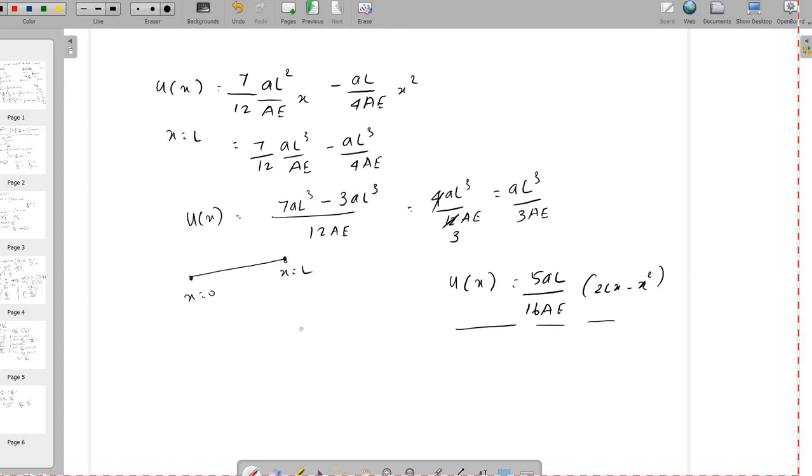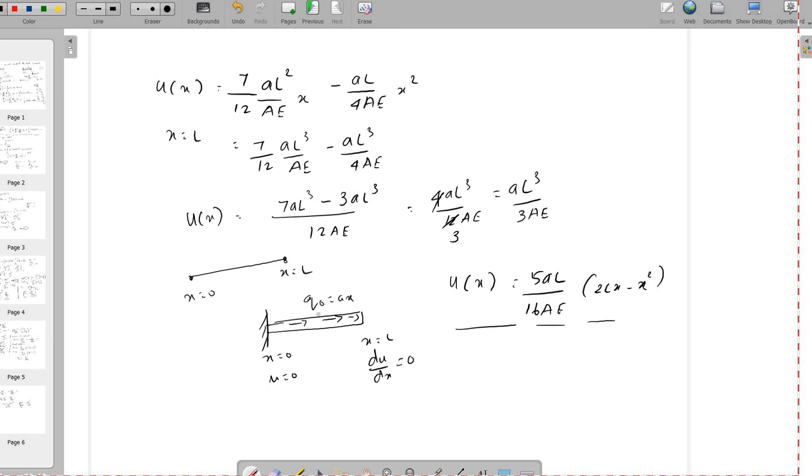Try the same problem, that is the axially loaded member with the loading Q0 equal to ax, with the same boundary conditions: x equal to 0, u equal to 0, and x equal to L, the slope is equal to 0.